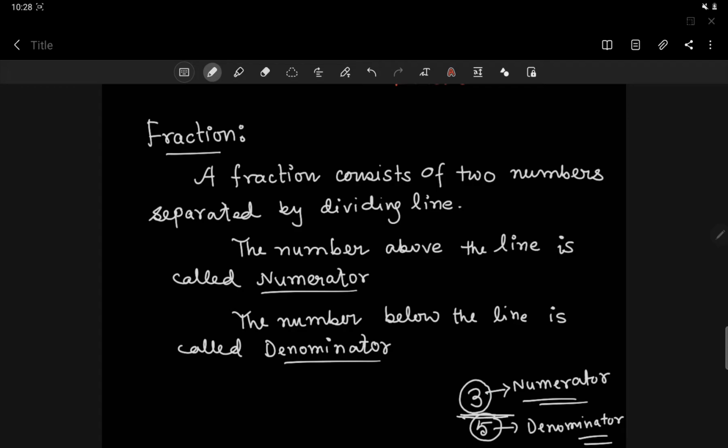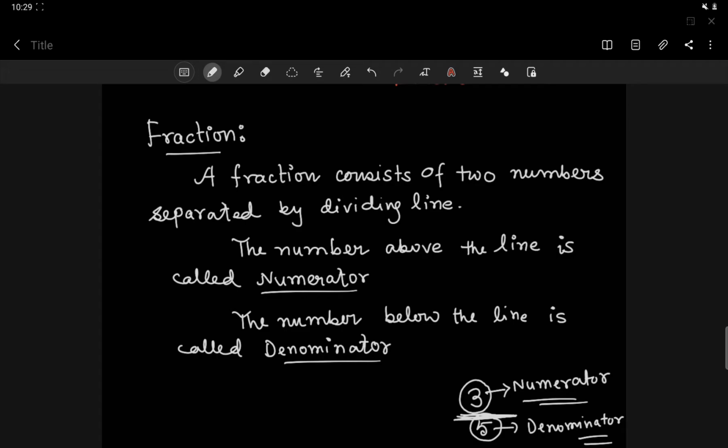The middle line is called dividing line, and the upper portion is called numerator. So for this, 3 is the numerator and the lower portion is the denominator. So 5 is the denominator for this 3 by 5. So 3 by 5 is a fraction.